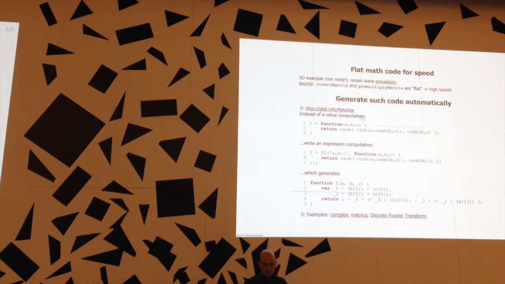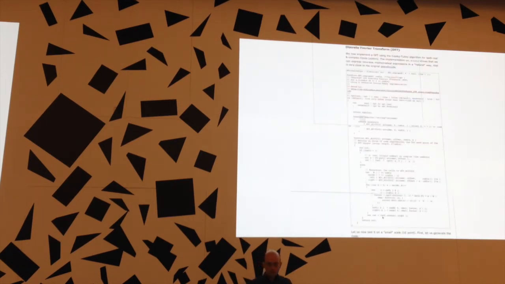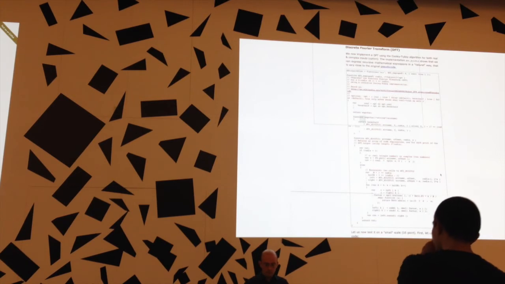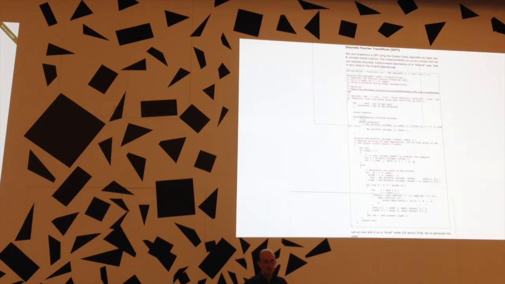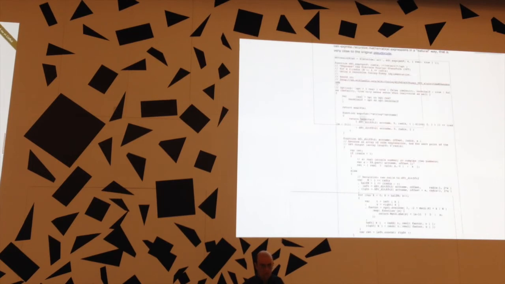I think I just keep these ones. The one interesting example is if we go much further, discrete Fourier transform. Okay, that's way too much code. This way, I guess. It's a bit better.